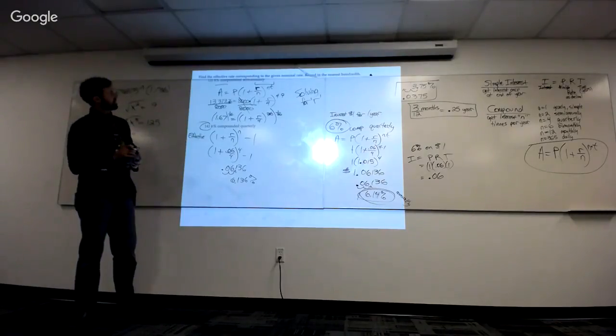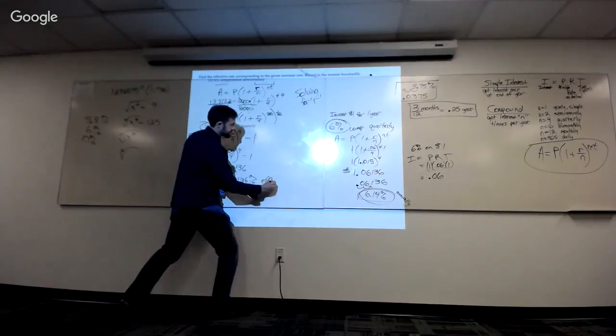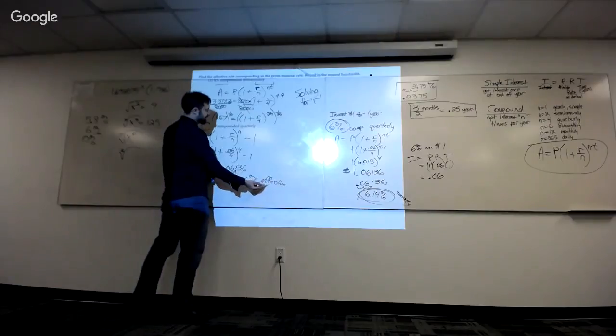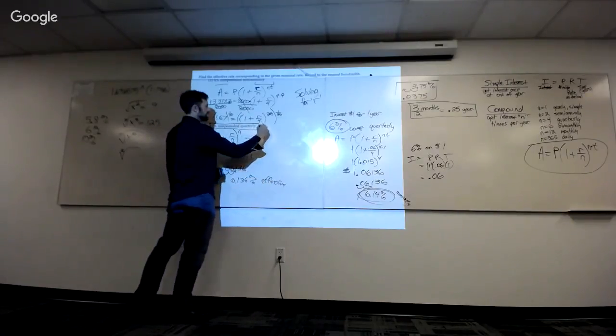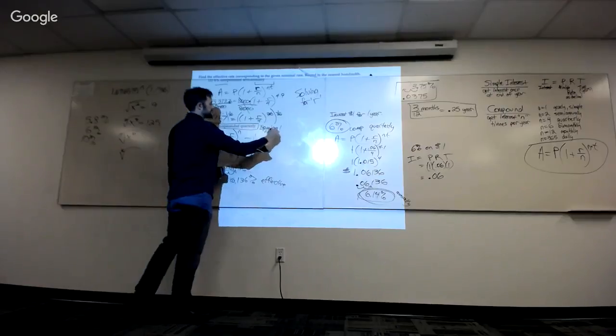So let's label both of those. This is the effective rate, because 6.13% has the same effect as this, which is the nominal rate. Nominal is a fancy word for name. Like, what is the name of that account?